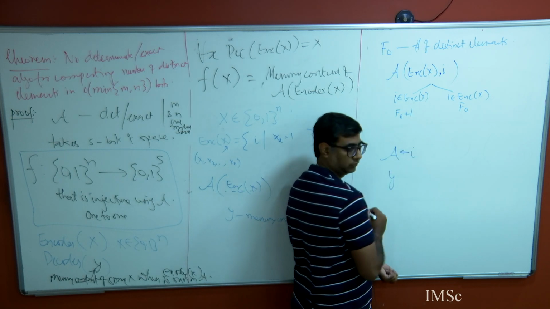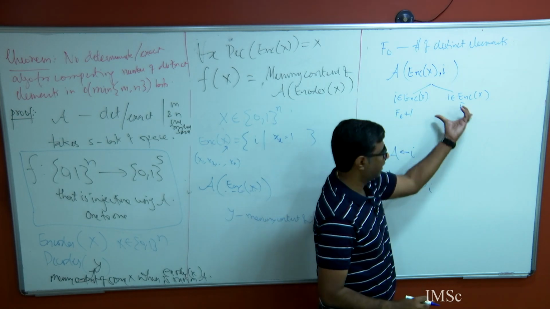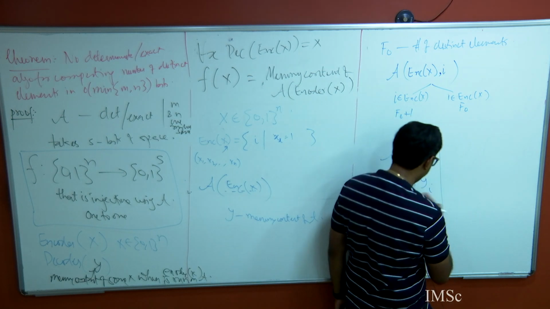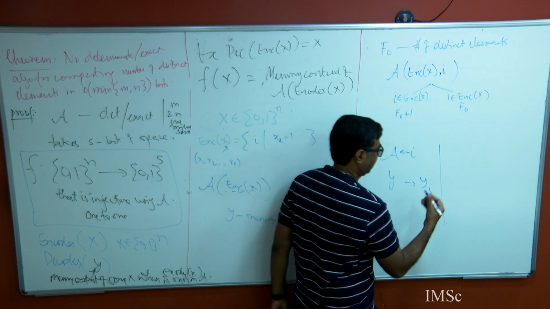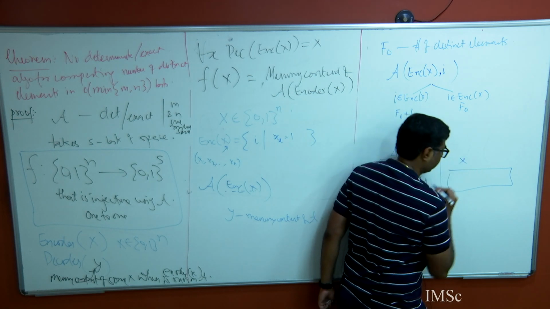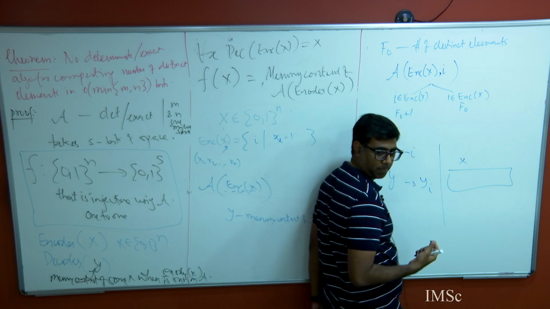I feed I. Now Y will become some Yi, and based on that I can encode this information. So because of this, I can completely recover X, from which this Y was created, bit by bit.